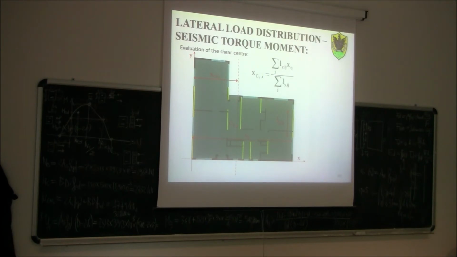Then we can use the normal formula that you use to find the center of mass, which is basically the first moment of area of my figure with respect to the origin divided by the total area. So in this case it will be the summation of the length of each wall multiplied by the distance from the origin, divided by the summation of the length of each wall.